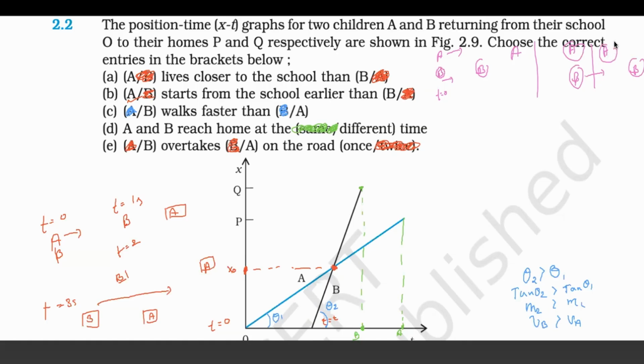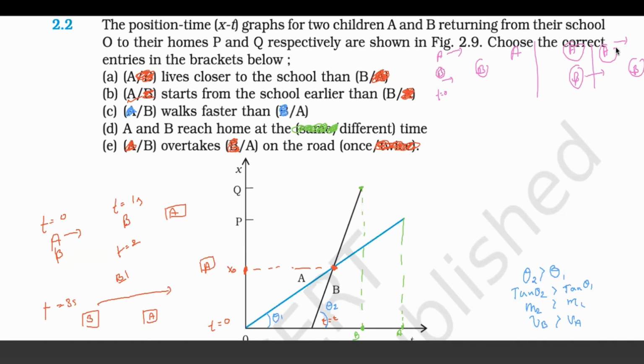Now assume A increases its velocity. The driver A got angry and said, how can he move faster than me?